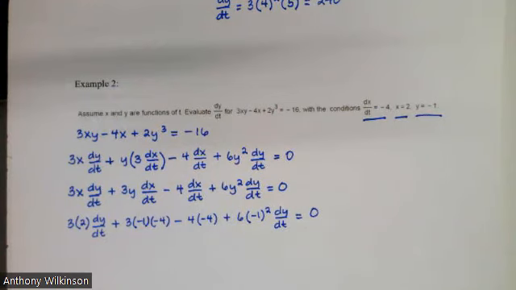And that's equal to 0. So I'm just substituting dx/dt with negative 4, x with 2, and y with negative 1.